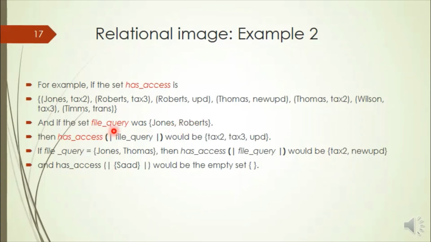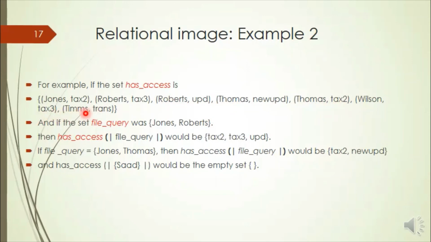Then how can we get the output or images of the elements of the set file query? We go in the table or the relational ordered pairs and find the second element associated with John. So the second element in the ordered pair which is associated with John is text2. Therefore text2 would be in the output set, and there is no other element with John.